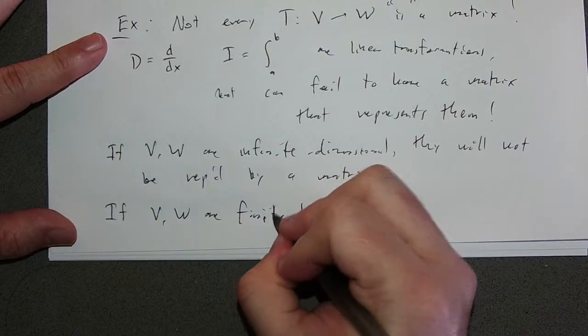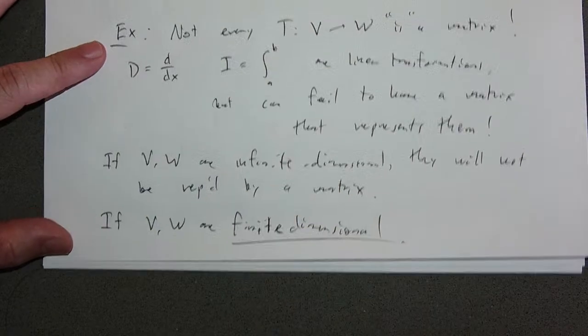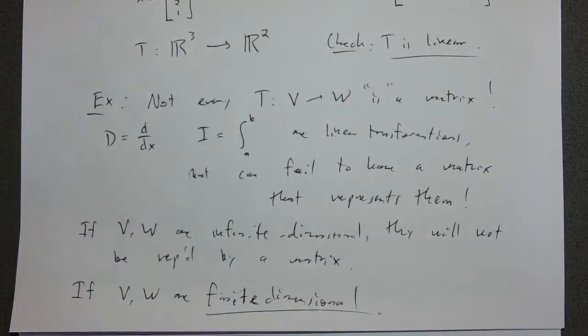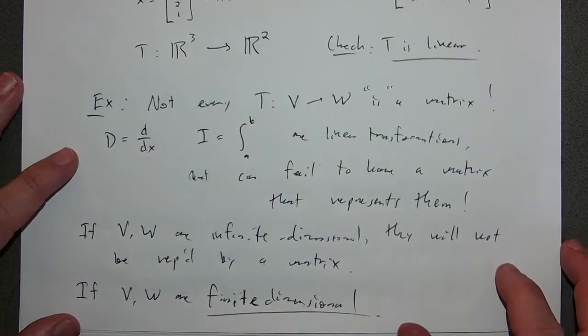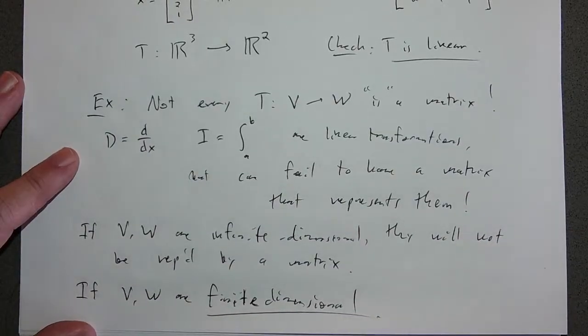Remember what that means: finite dimensional means that there are a finite number of vectors in any basis for that vector space. No matter what basis you've chosen, that number is always the same. That number is called the dimension of the vector space. And if there are finitely many such vectors, we call that a finite dimensional vector space.